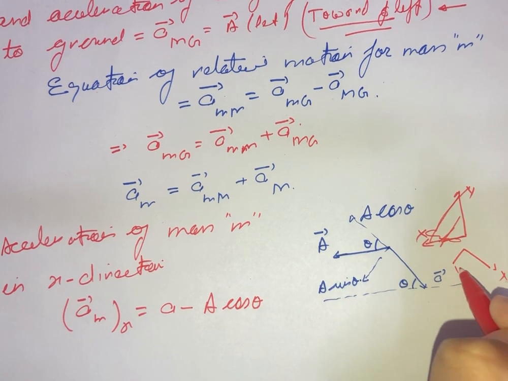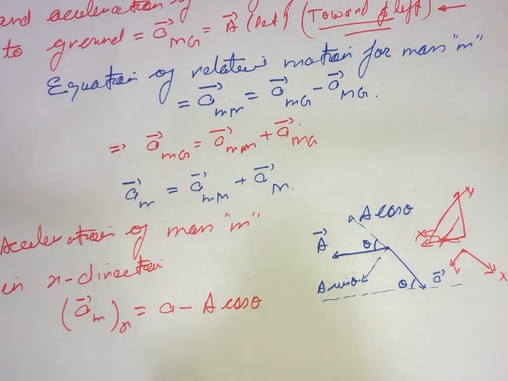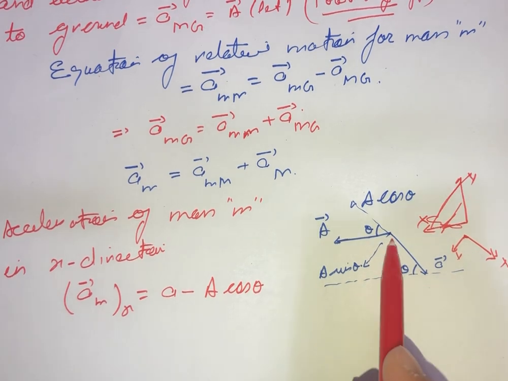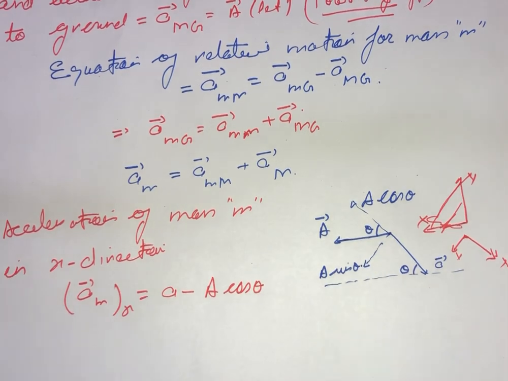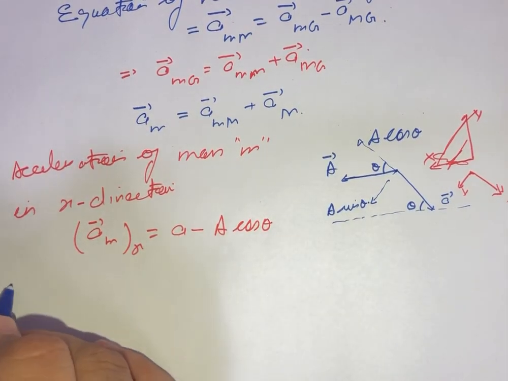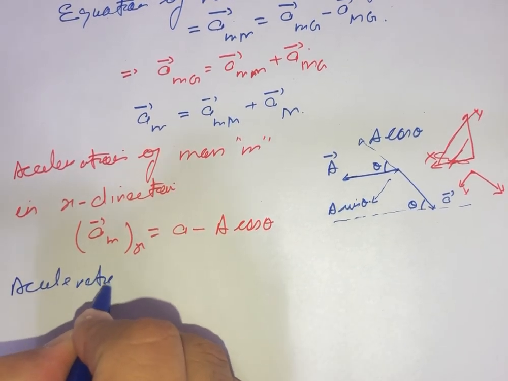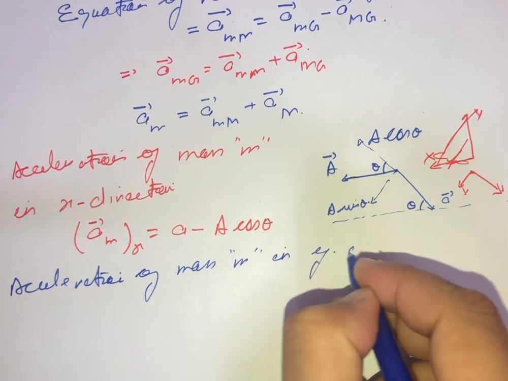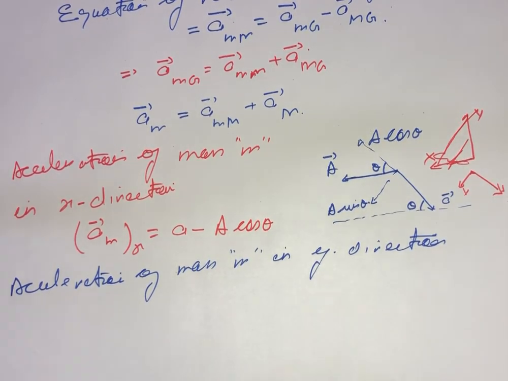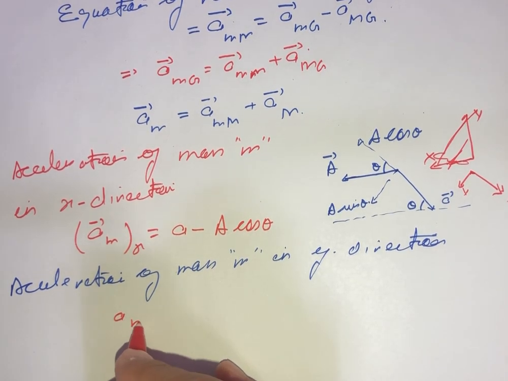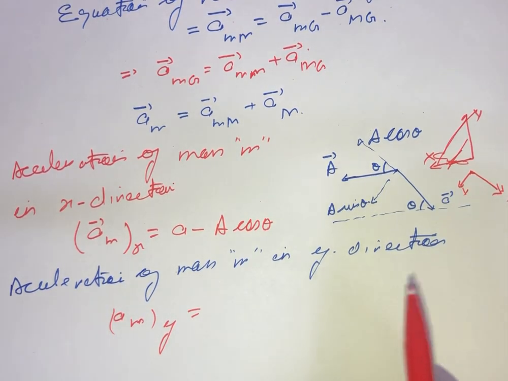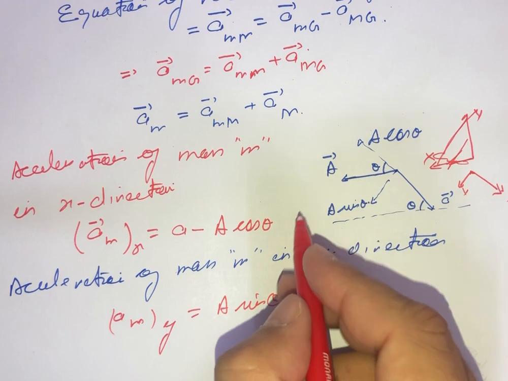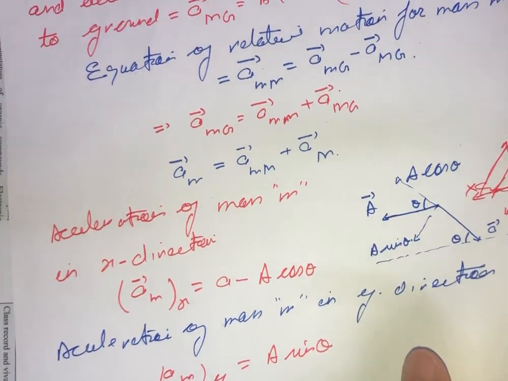This is our x and this is our y. My apologies for that. So the net acceleration in the x direction will be A minus a cos theta, and the acceleration of mass m in the y direction will be a sin theta. This is with respect to acceleration.